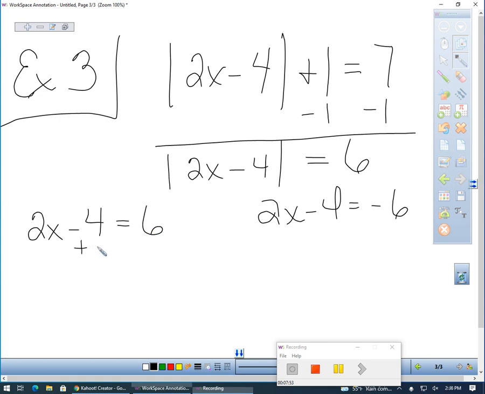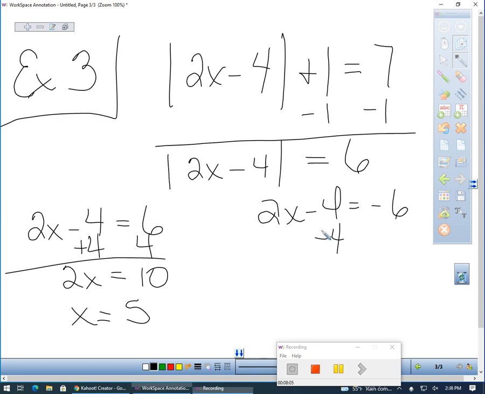Yeah, so if I add 4 to both sides here, I get 2x equals 10. So x equals 5. If we add 4 here, we get 2x equals negative 2, so x equals, when I divide, what do we get? Negative 1.